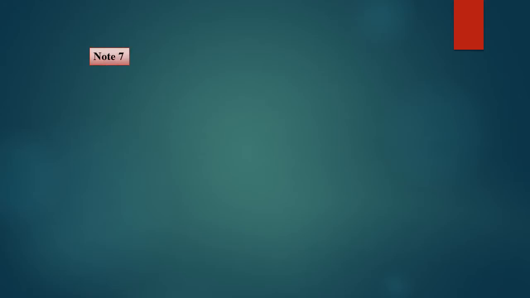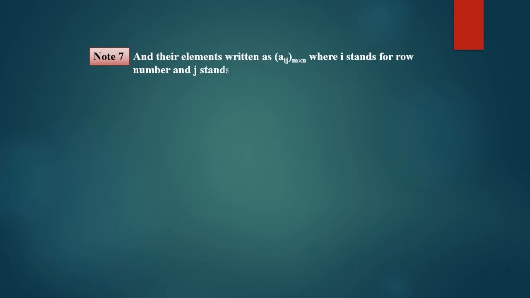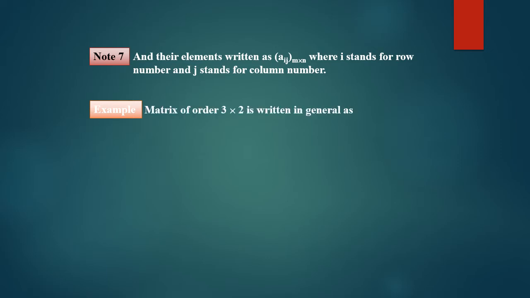Note 7. The general representation of an m cross n matrix is [aij] m cross n, where i stands for the number of rows and j stands for the number of columns. So we will try to understand the general representation of a 3 cross 2 matrix.